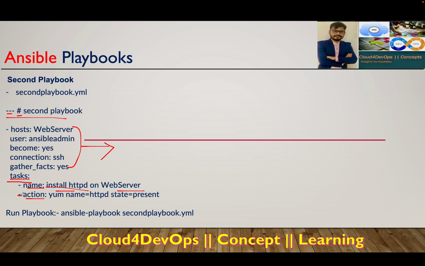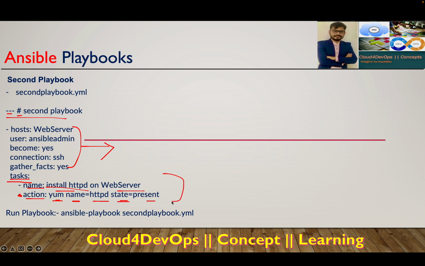Action, then colon, yum, name equals httpd, state equals present. So going back to the module section, if you remember, when we had to install something, we use state equals present or installed. Then yum is the package manager, name is what kind of package I want to install, which is httpd. So that's our second playbook, consisting of target and task.